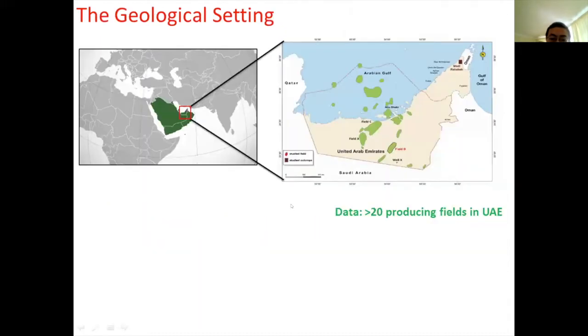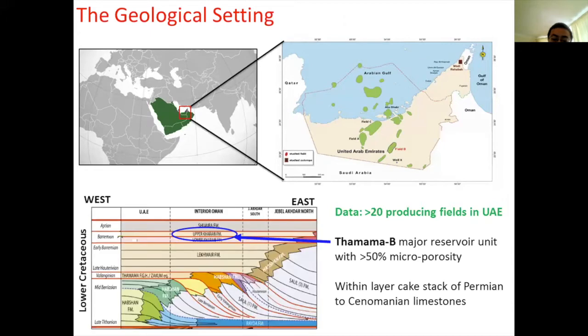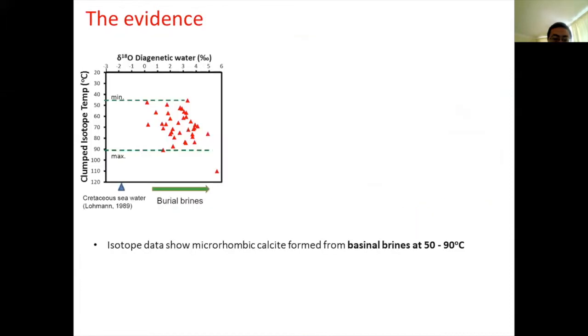Our research data came from over 13 produced fields in the UAE. We focused on the Mohammadi, which is a major reservoir unit in this area with over 15% microporosity and sitting in a layer cake stack of Permian to Cenomanian limestone.